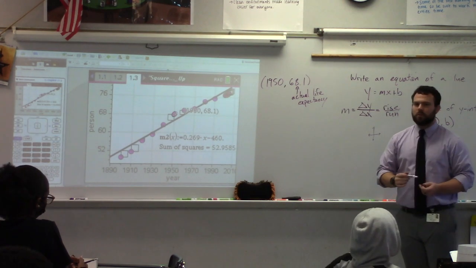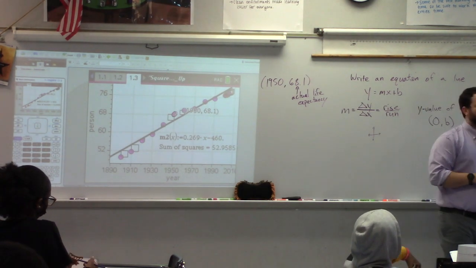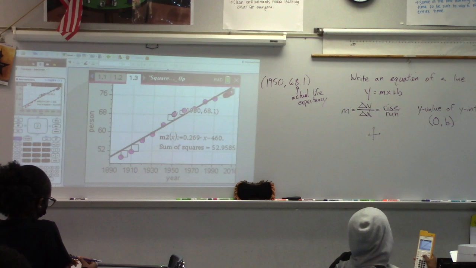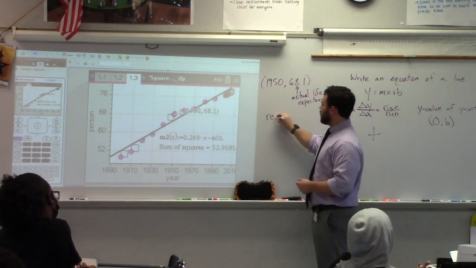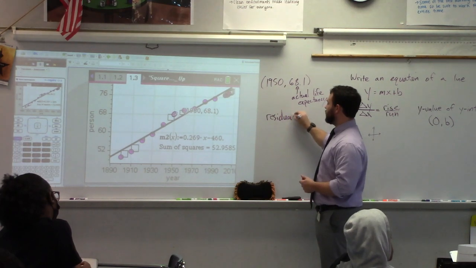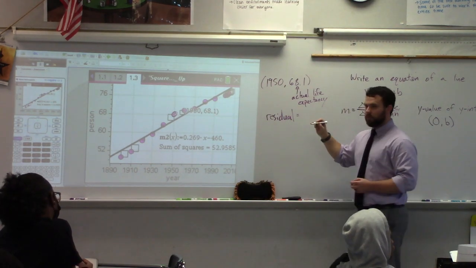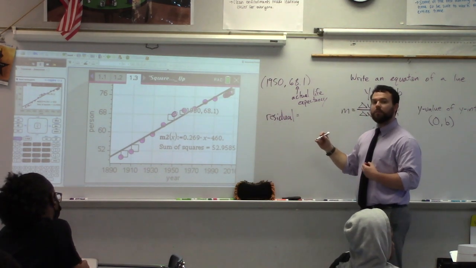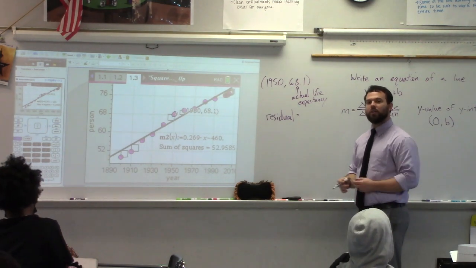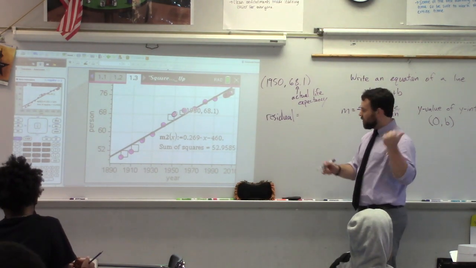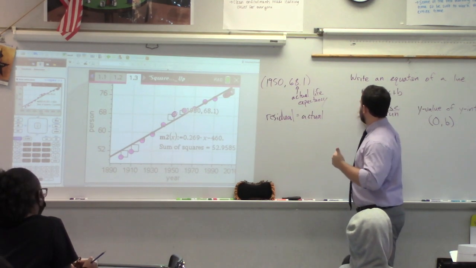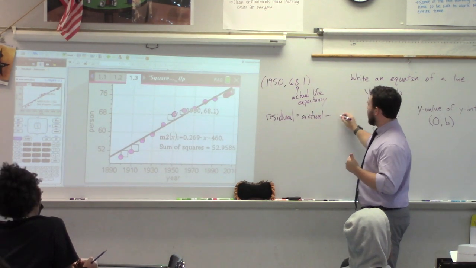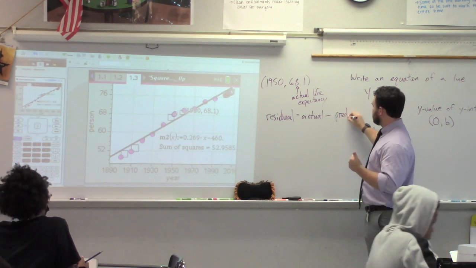Now, if I want the residual, again, you need to have a roadmap. How do we calculate a residual? This is the equation. It gives it to you on the sheet. Residual equals actual value minus predicted.